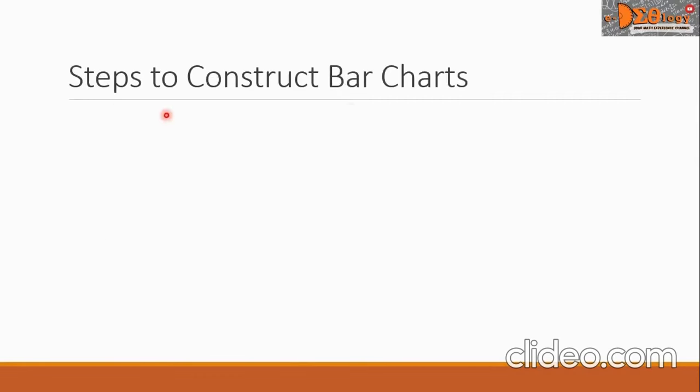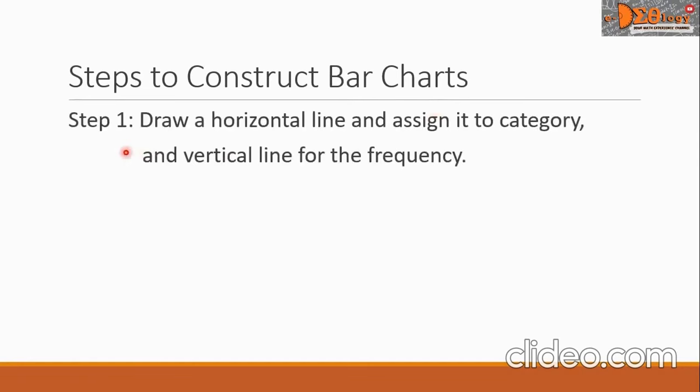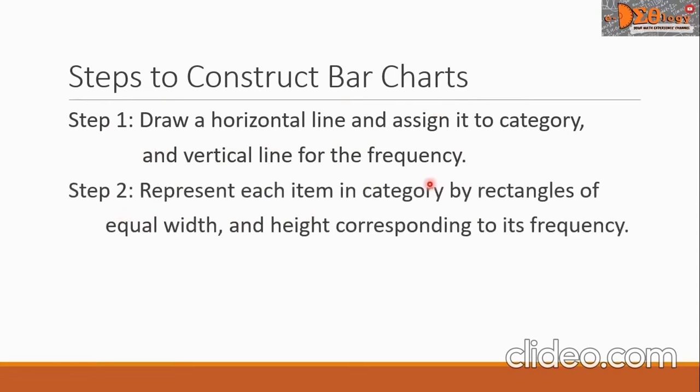These are steps to construct bar charts. Step 1. Draw a horizontal line and assign it to category, and vertical line for the frequency. Step 2.